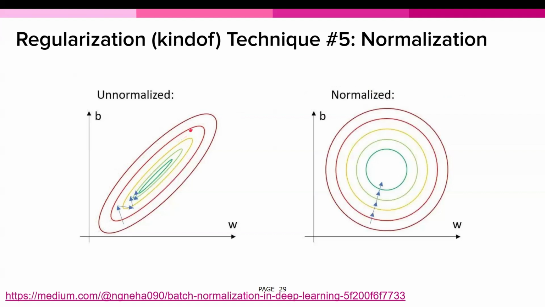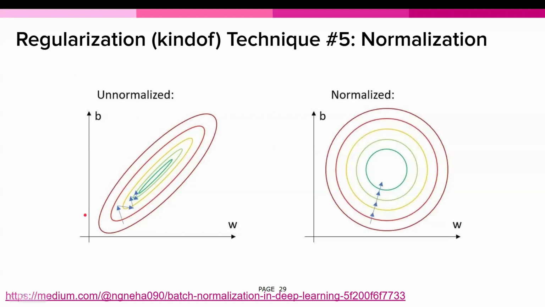And so we could imagine a narrow valley, or kind of a steep ravine on either side. And so this uneven shape is what's called an ill-conditioned landscape, and this makes it challenging for gradient descent to find a smooth path to the minimum.